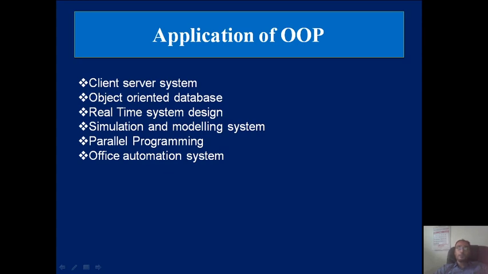Parallel programming is a concept of distributed operating systems, also distributed programming, in which you can run parallel programs. That is also developed using object-oriented programming, as well as office automation systems. If you want to define an office automation system, you can deploy your code in an object-oriented programming language.